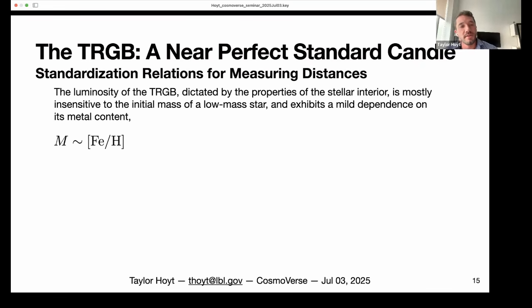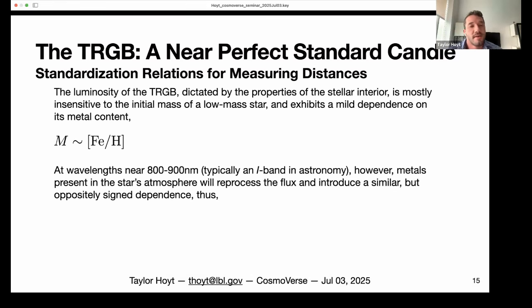And there's a mild dependence on its metal content. So we have the M for magnitudes, more fun astronomers' units, and then we have the metal abundance, also in fun astronomers' units on the right. But the interesting thing is, it turns out at a certain wavelength regime, around 800 to 900 nanometers, called I band in astronomy, metals present in the star's atmosphere actually reprocess the flux and introduce a similar but oppositely signed dependence on metallicity.